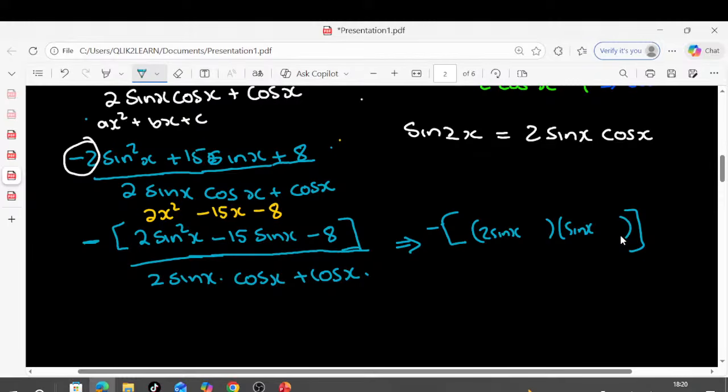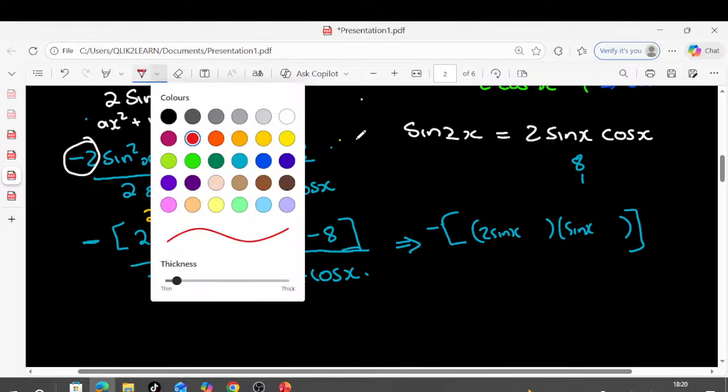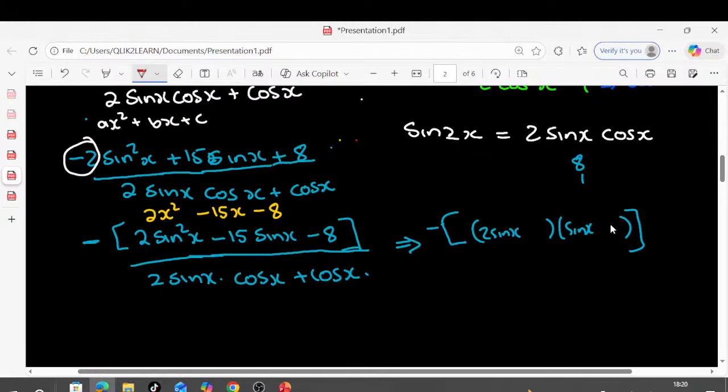So we need the factors of 8, right? The factors of 8, if you still remember, is just 8 and 1. So I'm going to use 8 and 1, and I'm going to explain why. Look at this. If I put my 8 this side, I'm going to say 2 multiplied by 8. The answer is 16.